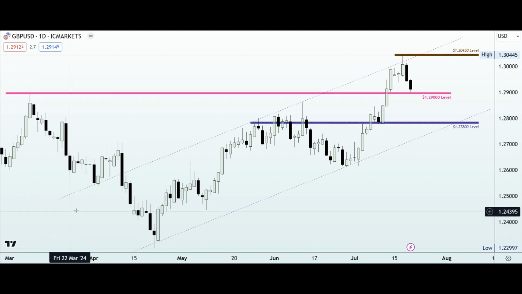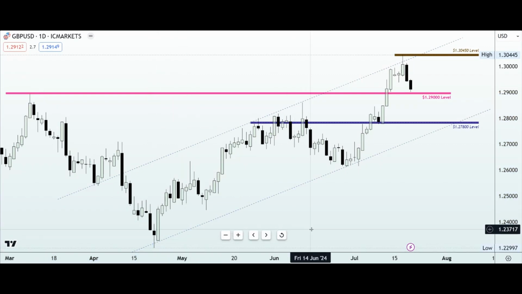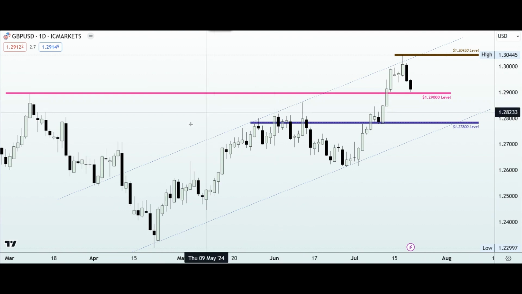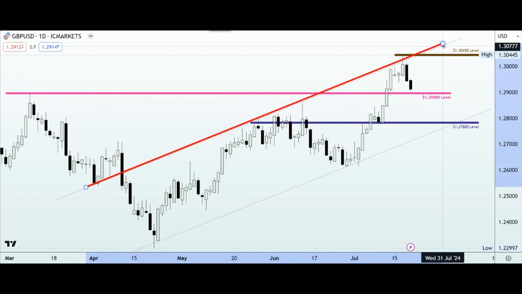And if we do that appropriately, one thing we will notice here is that ever since price action dropped into that area around the 1.23 zone, that was in the month of April, the market has been on an ascending trend. And as a result of this, we can see how price action has evolved into an ascending channel.